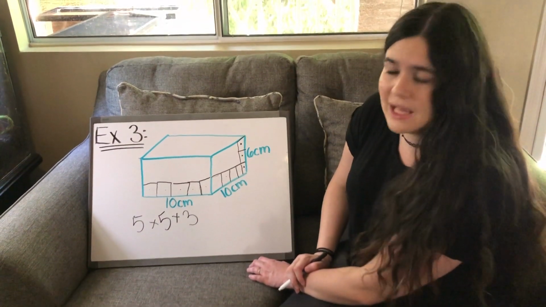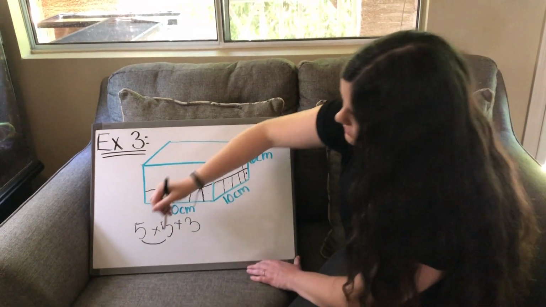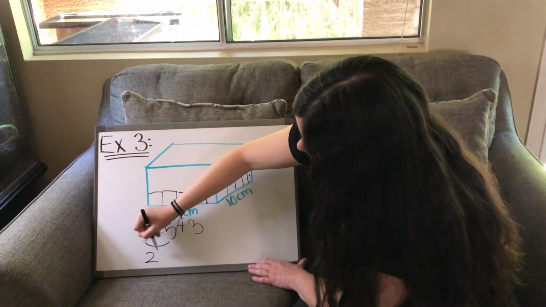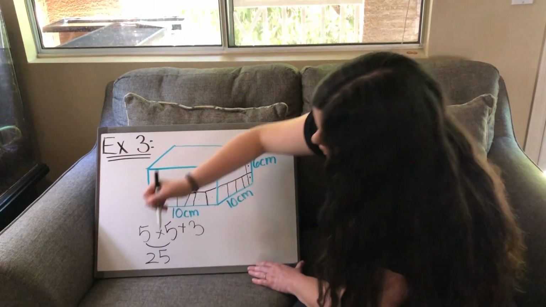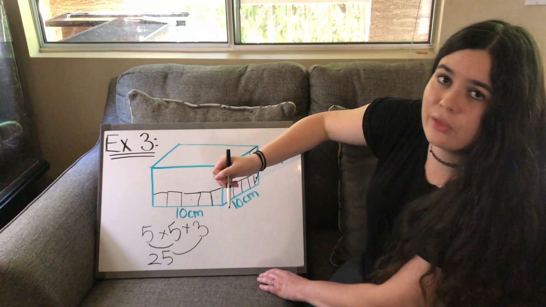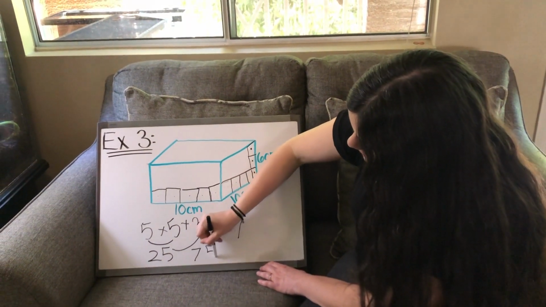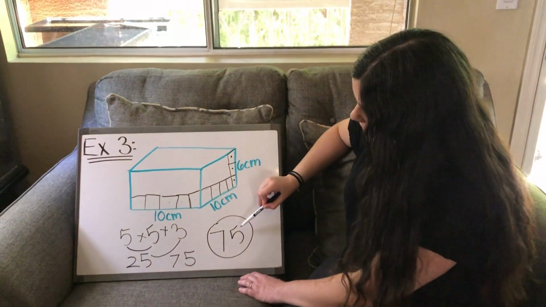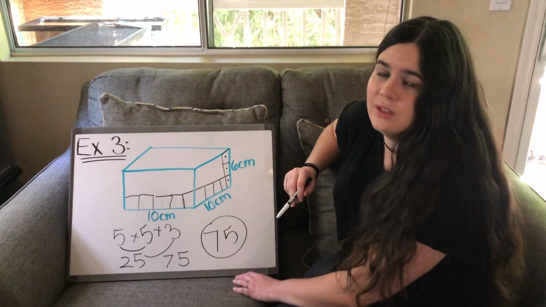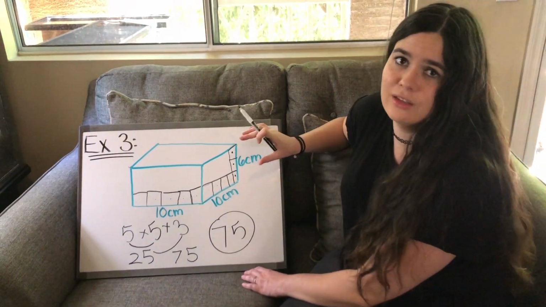Now we're going to multiply this out. 5 times 5 is 25. 25 times 3 is 75. We would need 75 2 centimeter cubes in order to build this rectangular prism.